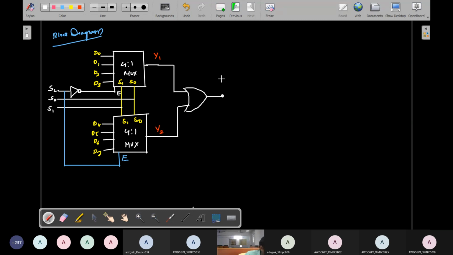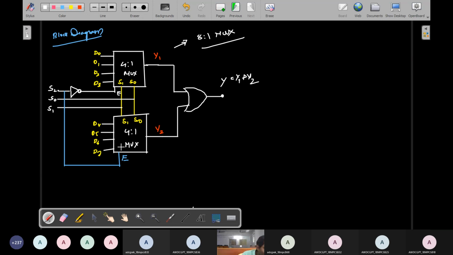Understand? This is the final output voltage Y. So this Y is nothing but Y1 plus Y2. Right? This is the multiplexer diagram. Now these are the two 4:1 multiplexers and these are the 3 selecting inputs. We have finally 8 inputs and 3 selecting inputs. So this performs like an 8:1 multiplexer. So this is called a multiplexer tree diagram.